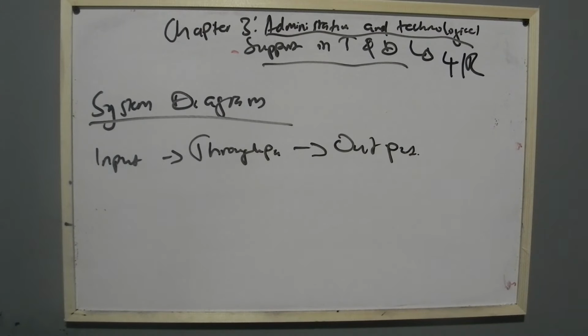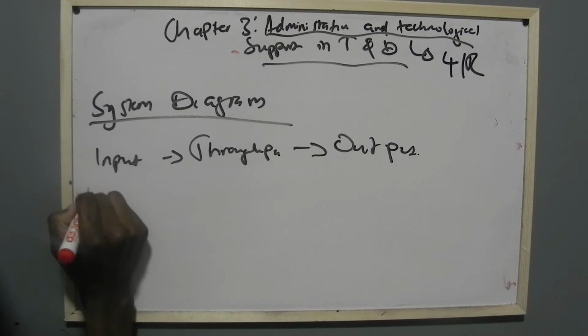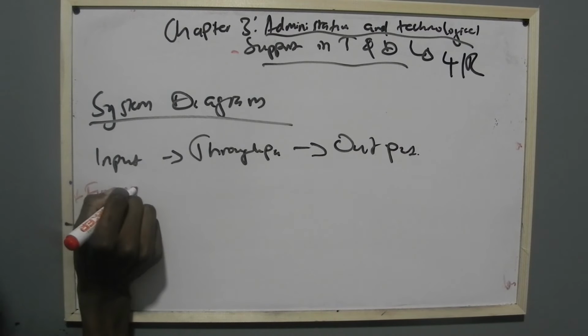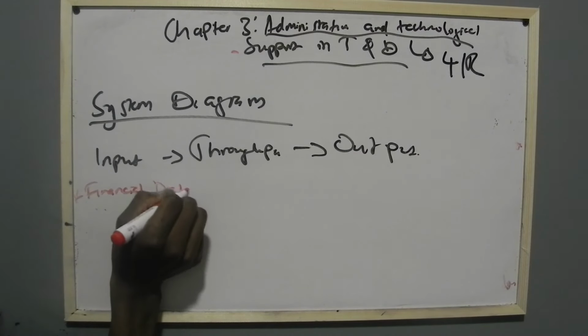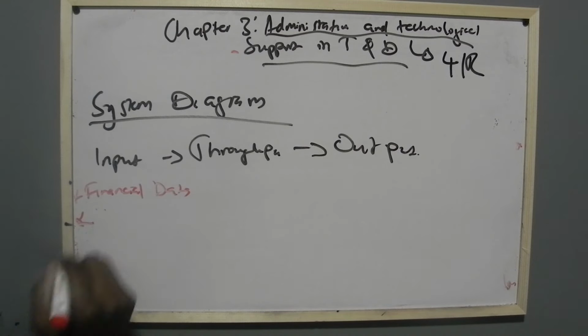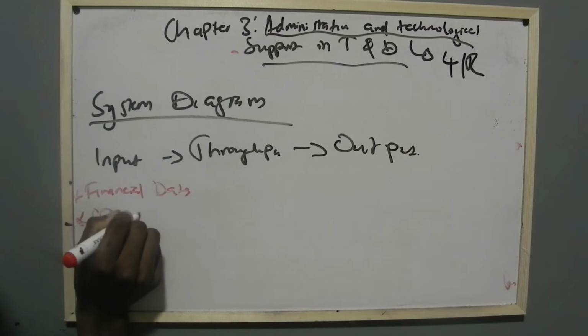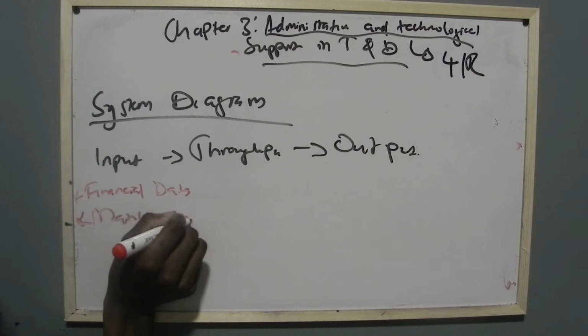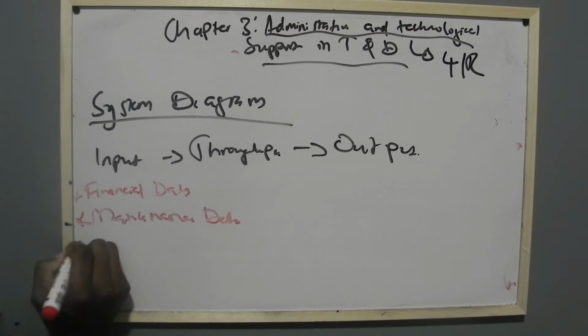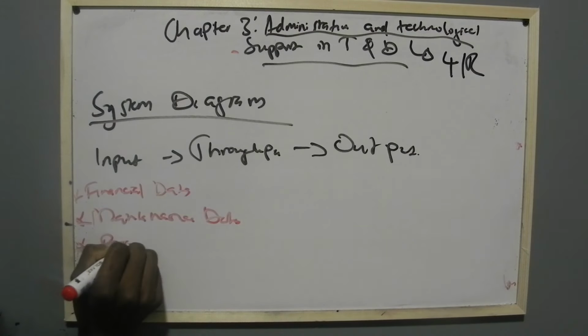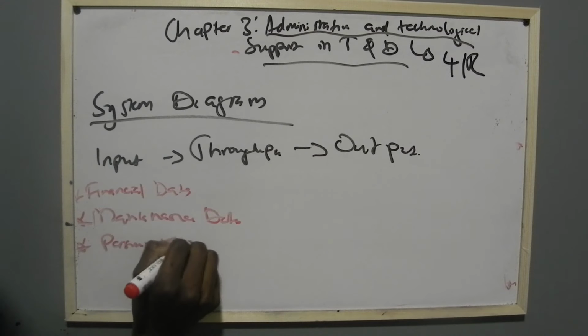In the input, we are putting information such as number 1, the financial data, number 2, maintenance data, and then number 3, personnel management.